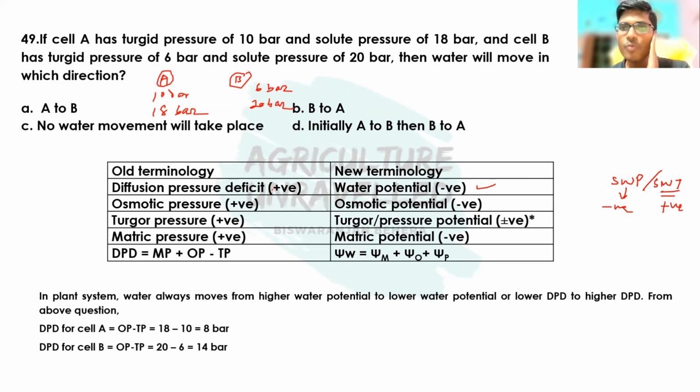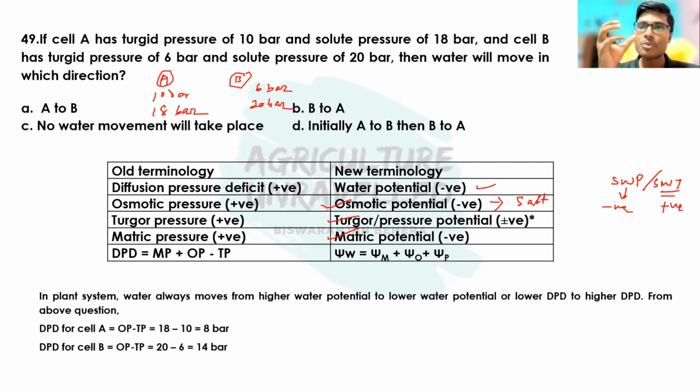Hence, water always moves from higher water potential to lower cell water potential, or from lower diffusion pressure deficit to higher diffusion pressure deficit. Then what are the components of diffusion pressure deficit and of cell water potential? The components of cell water potential are osmotic potential, turgor or pressure potential, and matric potential. Osmotic potential is due to the salts or solutes present in the cell.